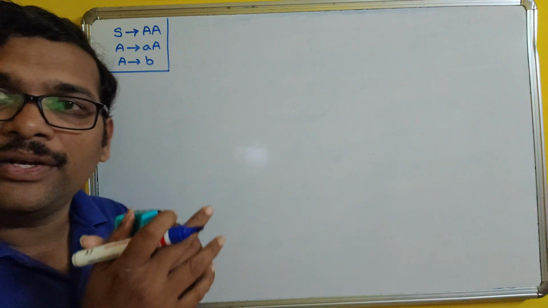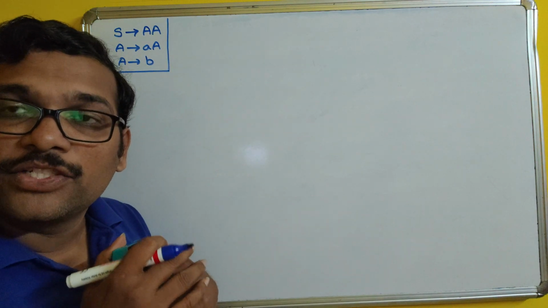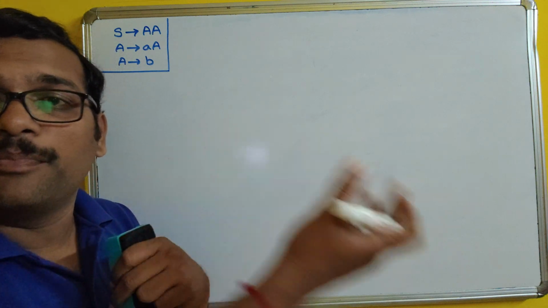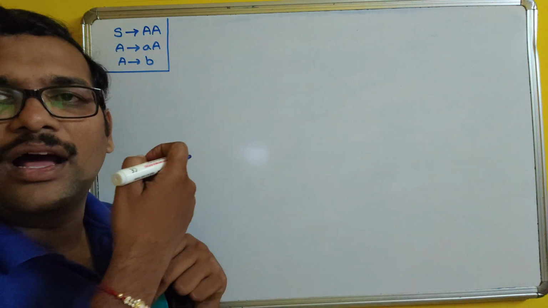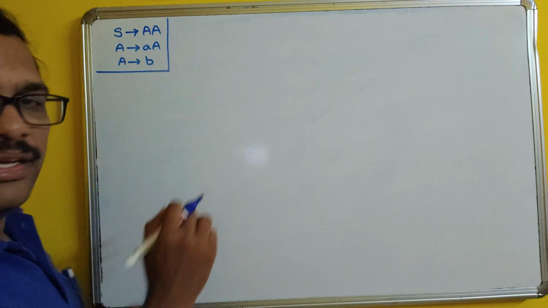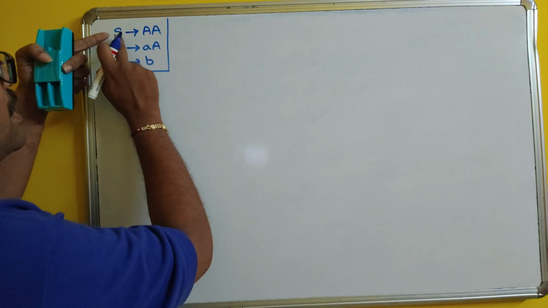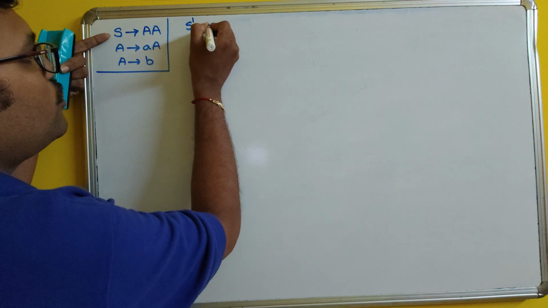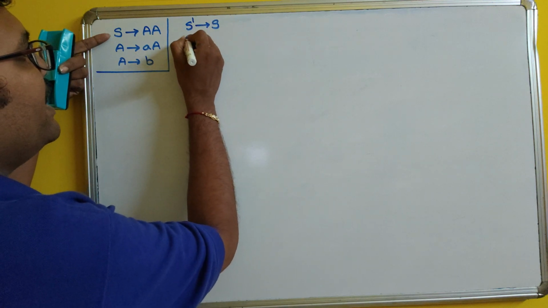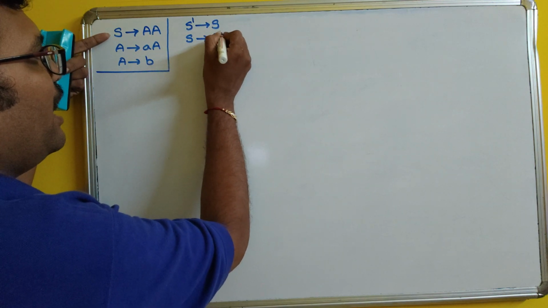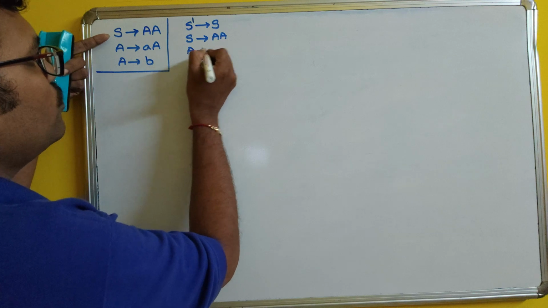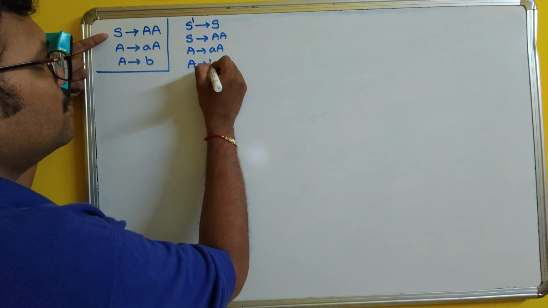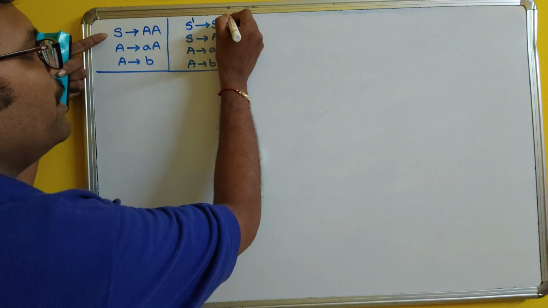Now we have to convert it into augmented grammar. Conversion to augmented grammar means take one more production which tends to the starting symbol. So here the starting symbol is S. So take one more production, S dash tends to S, and S tends to A, and A tends to A, and A tends to B. So this is the augmented grammar.